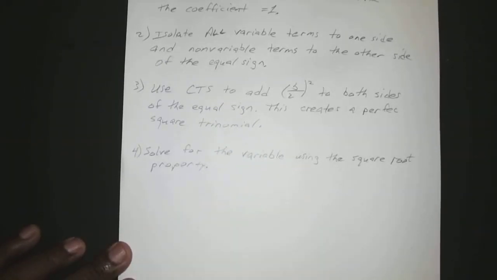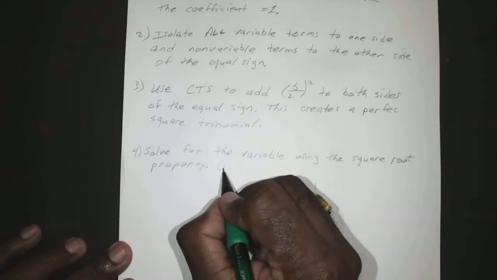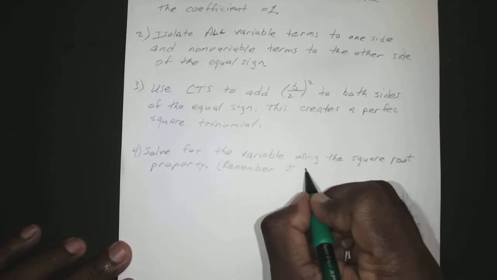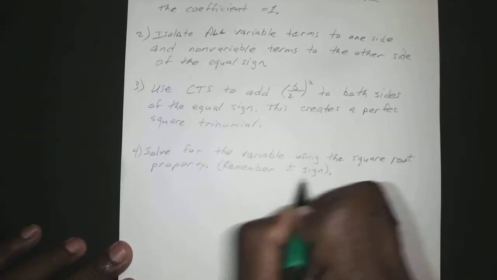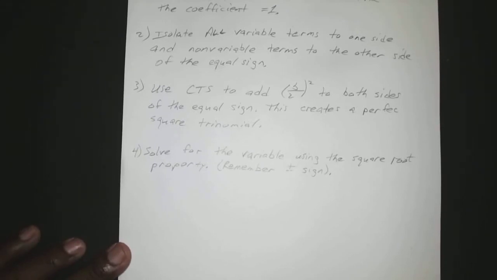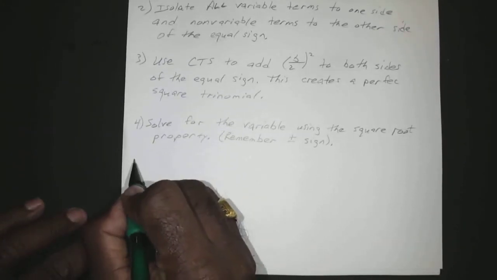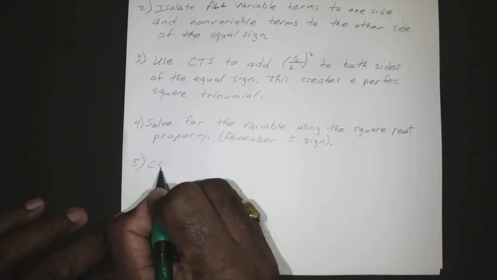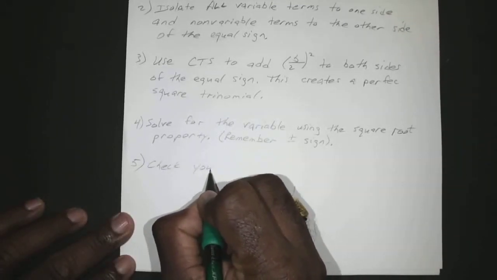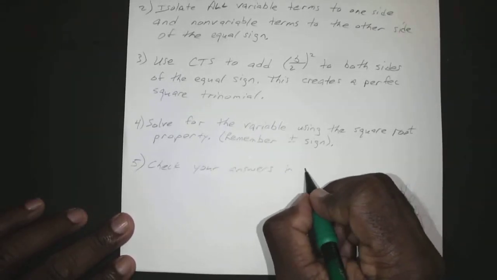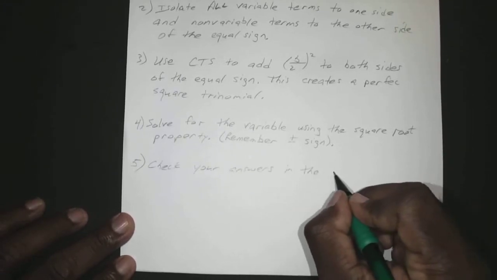Now in this one, you want to remember the plus and minus sign. It's really, really easy to forget. Okay, and last, you just want to check your answers in the original equation.